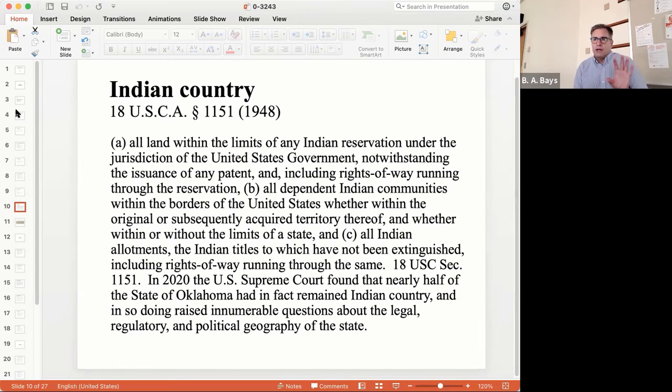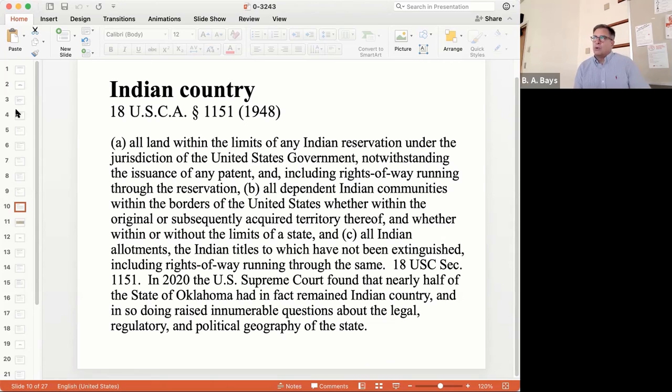Dependent, just forget about that. Dependent is synonymous with Indian in the case of this. So all Indians, except for people from India, are dependent according to the United States government. So if you're a member of a federally recognized Indian tribe, you're a member of a dependent Indian community. But dependent Indian communities within the borders of the U.S., whether within the original or subsequently acquired territory.